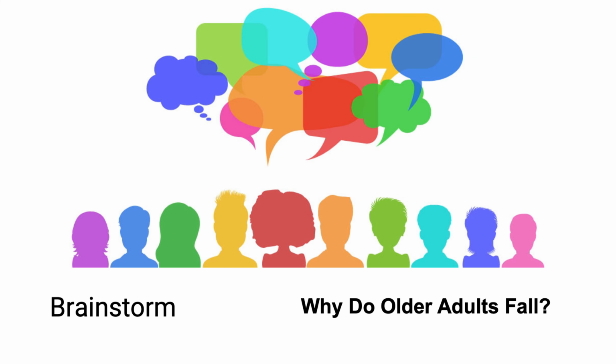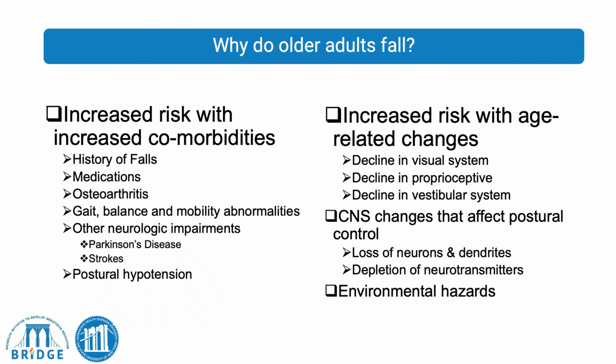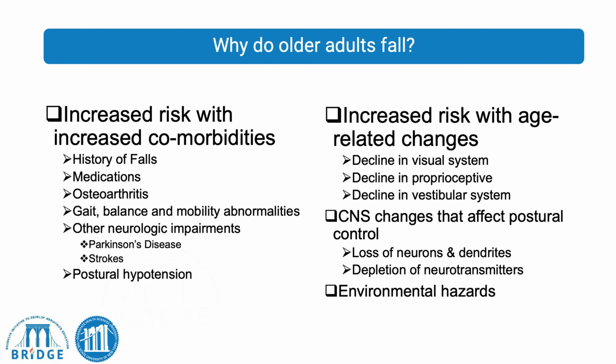So let's brainstorm. Why do older adults fall? If an older adult has a history of a fall, then the risk of a recurrent fall is greater. Medications may also lead to falls. Osteoarthritis, degenerative arthritis, gait and balance abnormalities, and mobility abnormalities can increase the risk of falling.